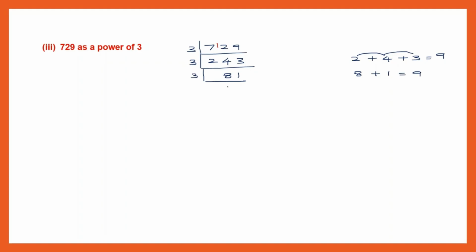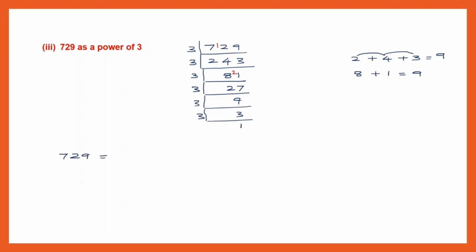3 2s are 6, but we've got 8. So 3 2s are 6, 7, 8. So that's 2. The number is 21. 3 7s are 21. So now we have 27. Now 3 9s are 27. Then we have 3 3s are 9. Then we have 3 1s are 3. So 729.